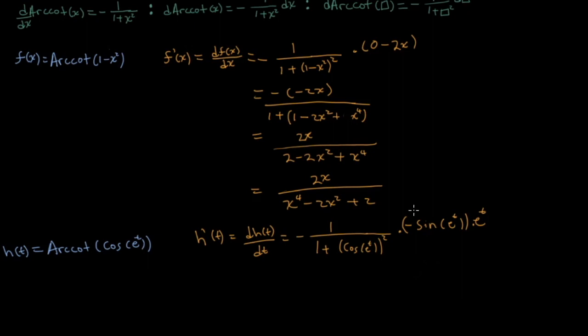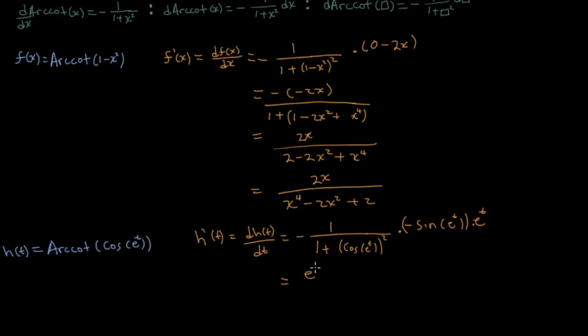Of course, we can leave the answer in this form here, but we can clean it up a little bit and simplify it. So what we'll notice up here is that these two negative signs cancel out, and so we're left with a positive expression.